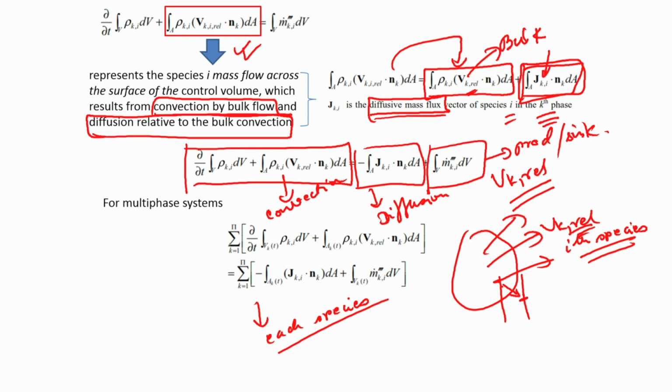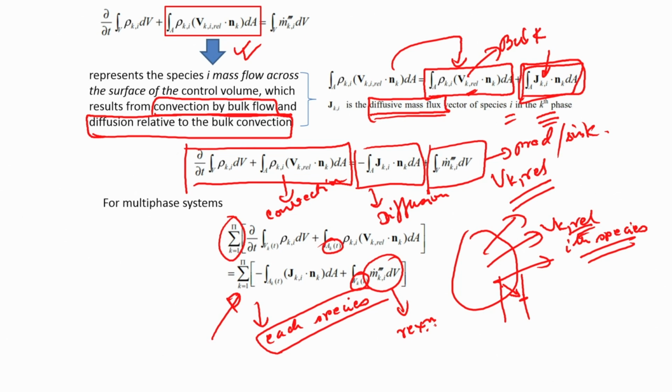So, there you sum it over each of the individual phases. Once again the A_k and V_k come into the picture. It all remains the same, except that we are having a transport of each species as per this particular equation. In a multi-component system, that is what happens. This is the term that is solely reserved for reaction, got it.